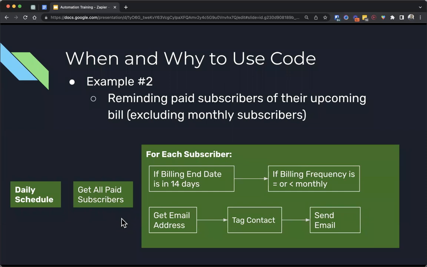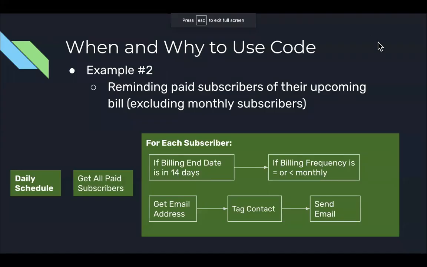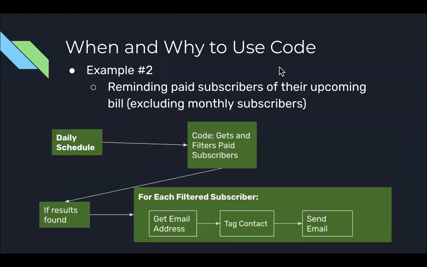So that's one example where I daily ran just one piece of code that did all of this, and only if it got a result, then it proceeded to do the different tasks. The way that looks is as follows. Now every day we have one code block doing everything.